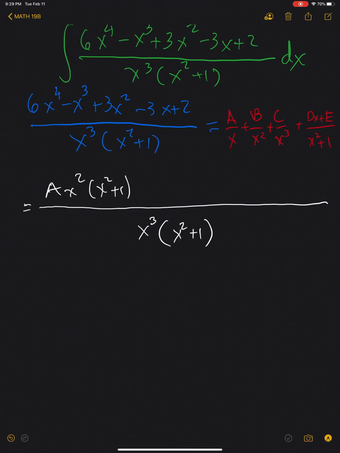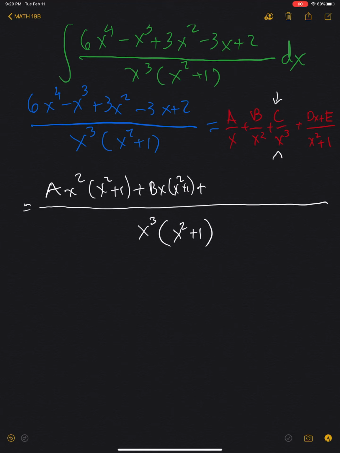Now I repeat the same thing with the second one. I take the common denominator divided by x squared, then multiply by B. So x cubed times x squared plus 1 divided by x squared, multiplied by B, gives me B times x times x squared plus 1. Same thing for the third fraction: I grab the common multiple, divide by this denominator, and multiply by the top.